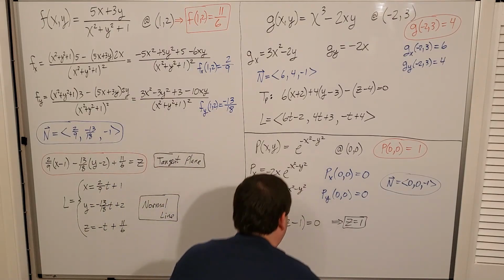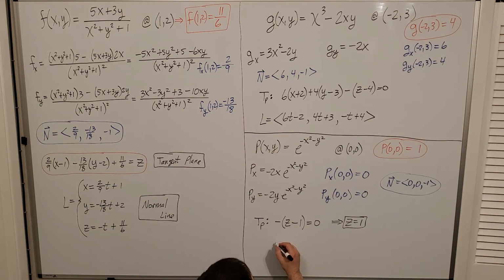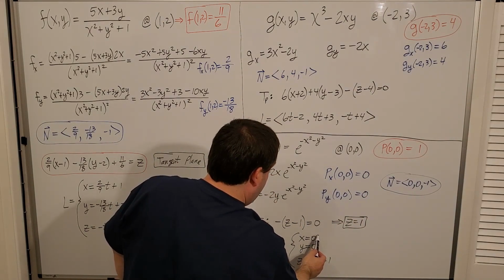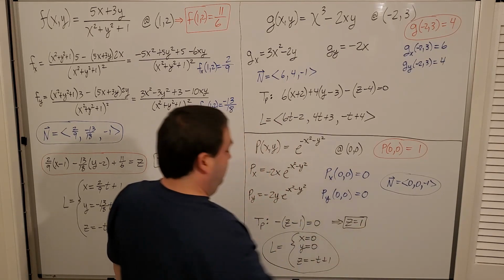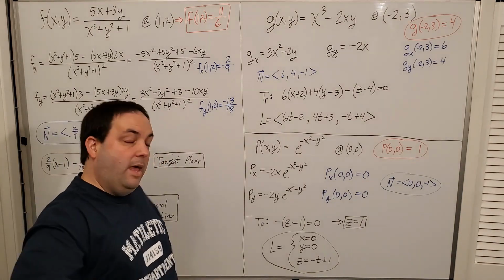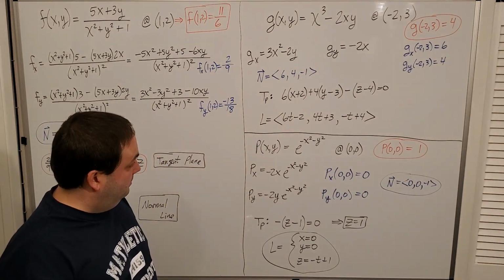And then the normal line is going to be the parametric equations, where x is just equal to its value of 0, y is equal to its value of 0, and z is negative t plus 1. Right? So that's my normal line there. And this is my tangent plane at that point of this particular surface.